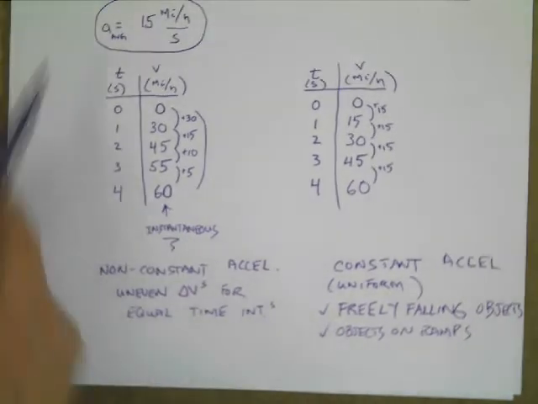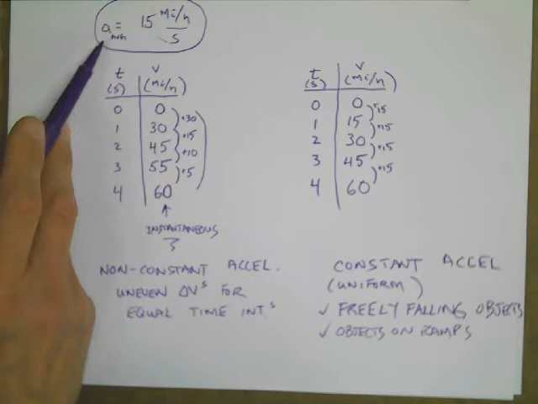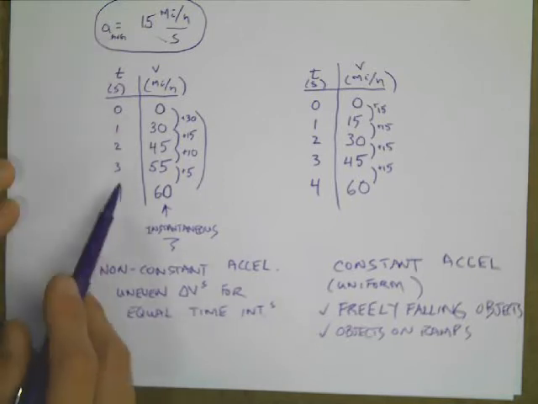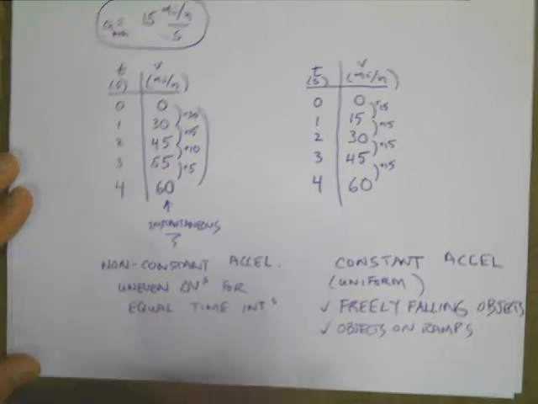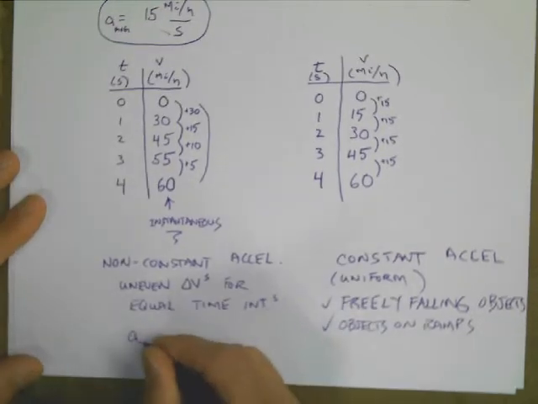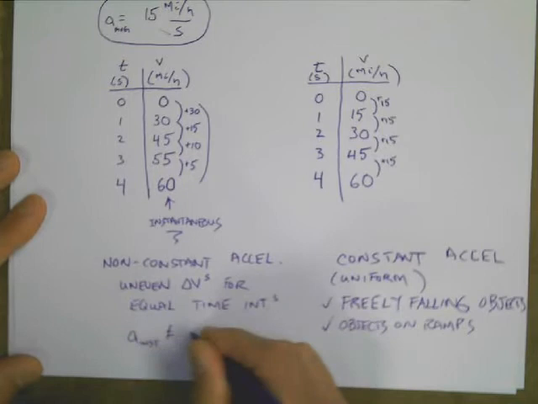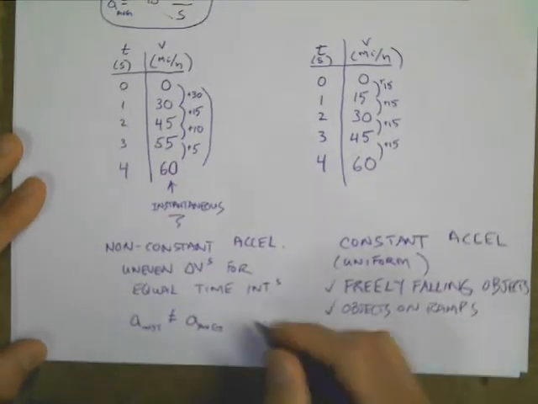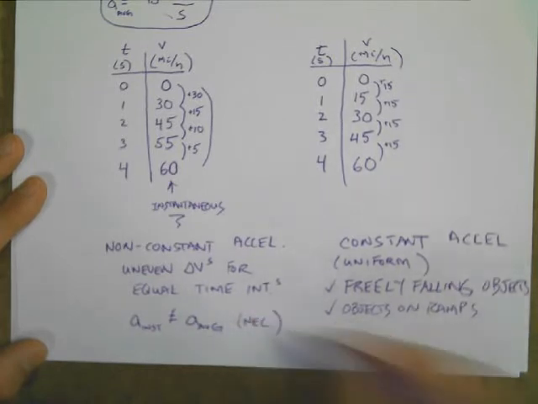If you say the acceleration is 15 miles per hour per second, that's really just an average. Your instantaneous acceleration is not necessarily equal to the average.